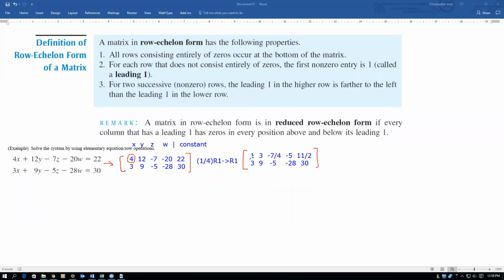That's great. So once I create a pivot, I want the number under it, or any other numbers under it, to be 0. Usually how I accomplish this is I multiply the pivot row by the opposite of that number and add it to the next row. So the way I'll accomplish getting that 0 is I'm going to take -3 times row 1 and add it to row 2, and we'll store it there.